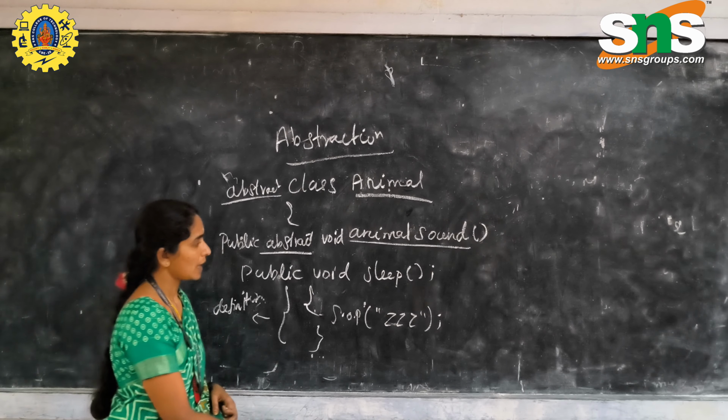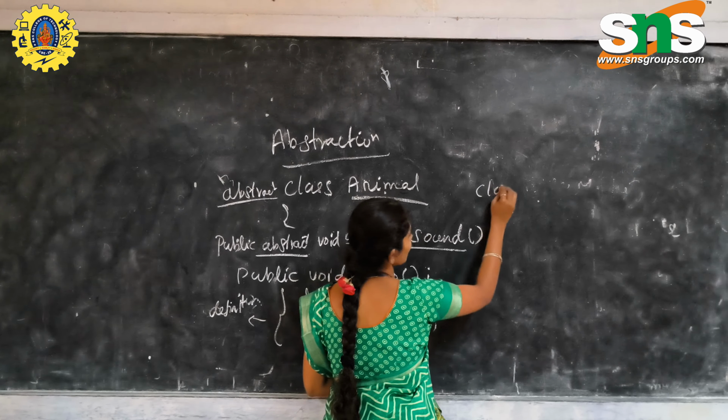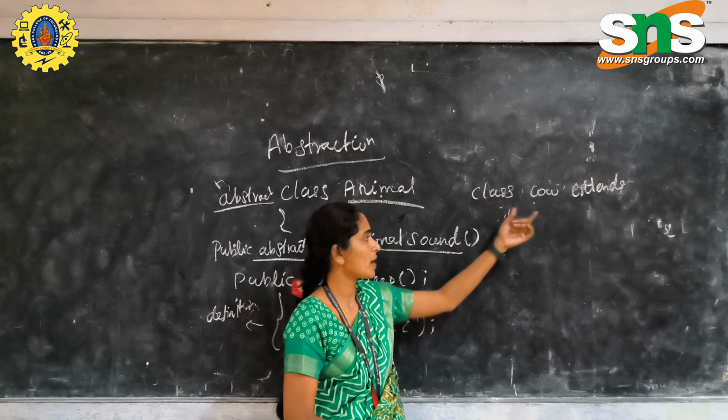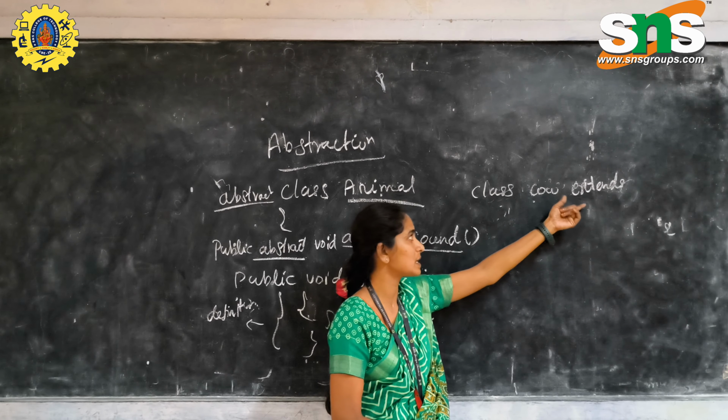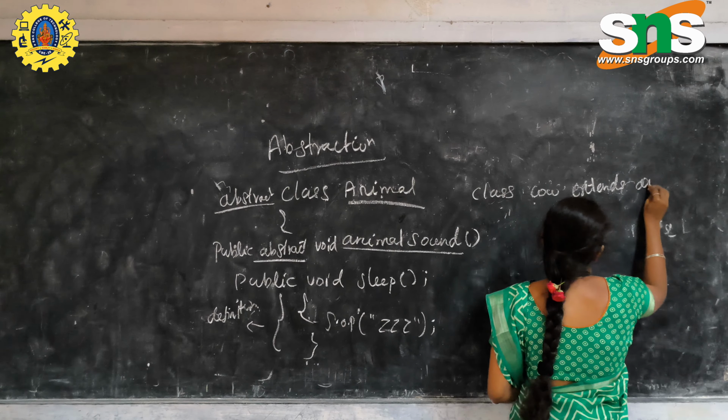Now I create another class: class Cow extends Animal. Extends is the keyword which I already discussed. Once you give the extends keyword, you can access the methods and attributes in class Animal.